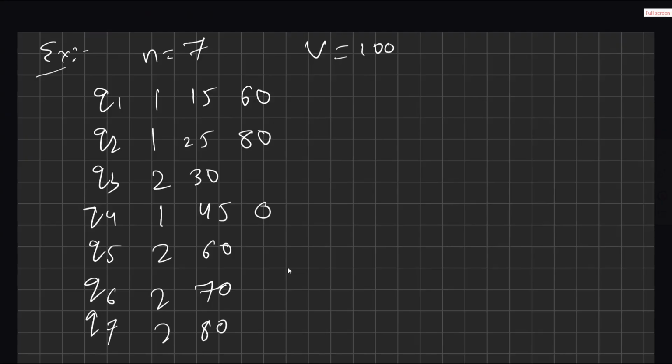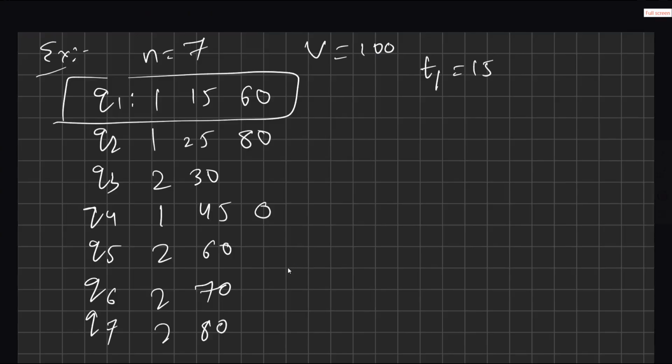Initially all the slots are empty. Since all the slots are empty, when processing query 1, its type is 1, which means we have to plug in the battery. Here the time is 15.